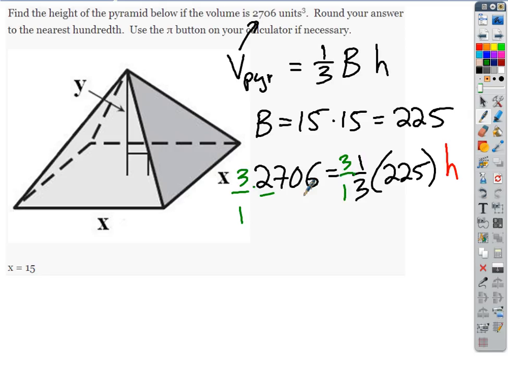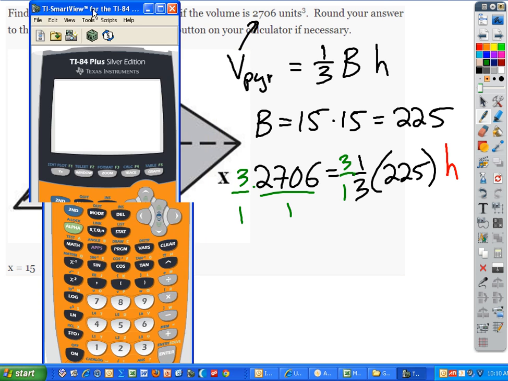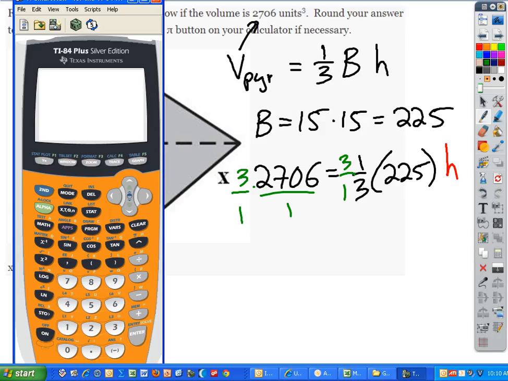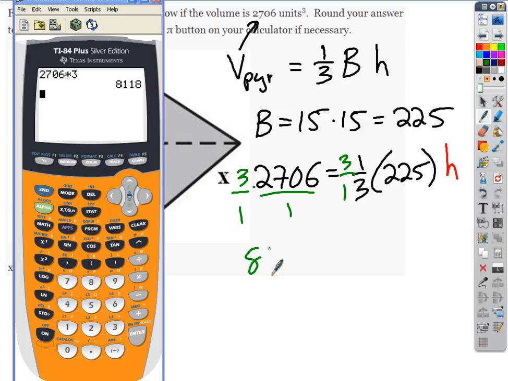And I've got a calculator here ready to go. So if we do that, we get 8118 equals 225h, and then the last step, divide by 225.